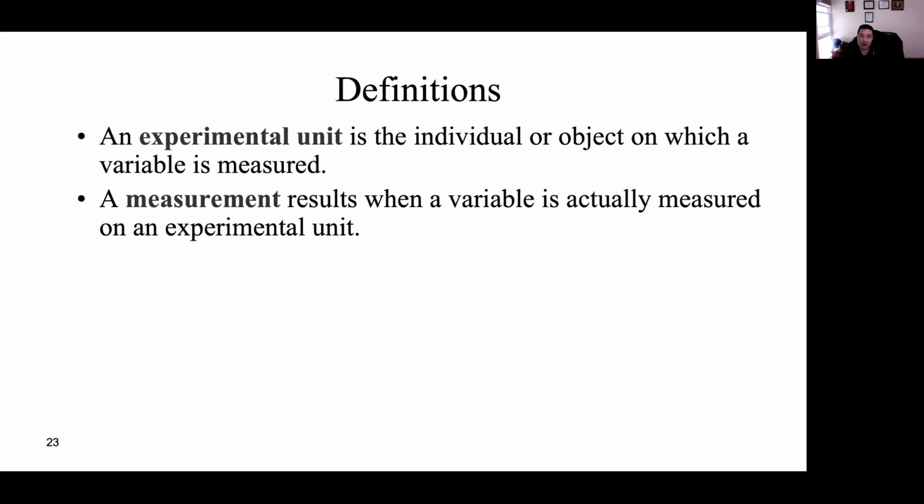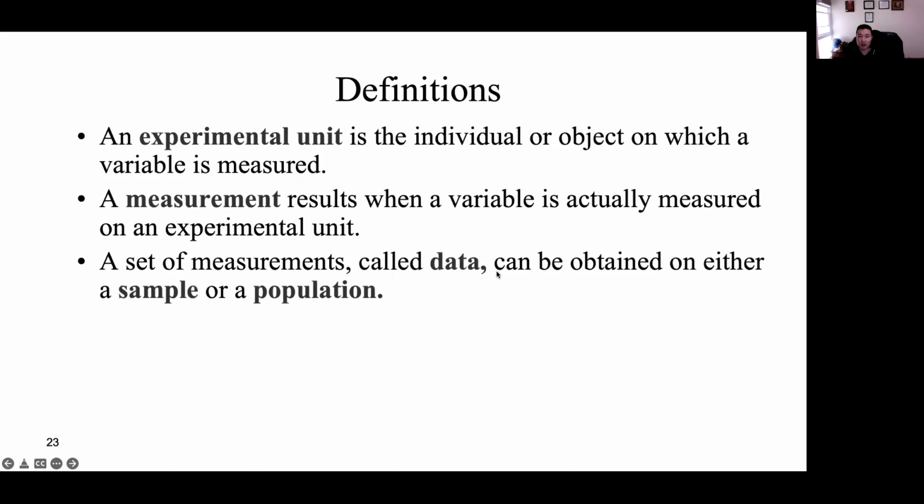So we get the crushing strength of the concrete block. That's the measurement. A set of measurements we call data. Data can be obtained on either a sample or a whole population. Most likely we'll do that on a sample because it's easier.